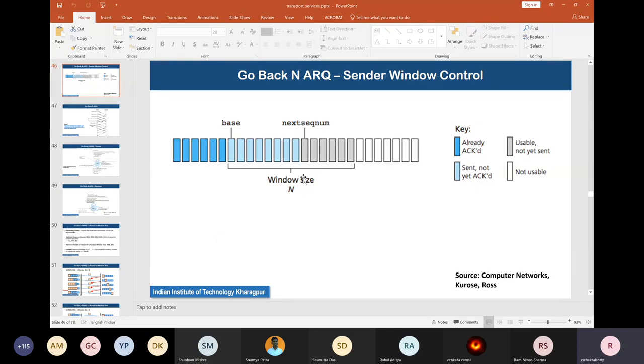And this time it received the acknowledgement of all the frames together, one after the other, in sequence. In that case, it makes a quantum jump over this entire light blue space, and the window goes directly to the first position that is shown gray here.